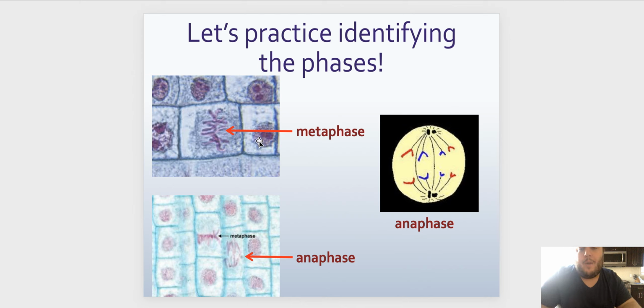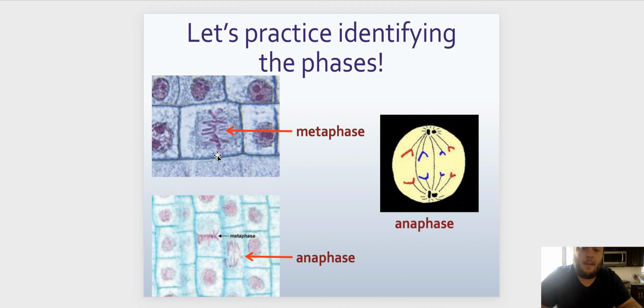Remember, the way to identify metaphase is everything is lined up in the middle. Notice that everything is lined up in the middle. This is a really good picture to look at, and this is a good point because it doesn't necessarily need to be horizontal. It can be vertical as well, like you see here.